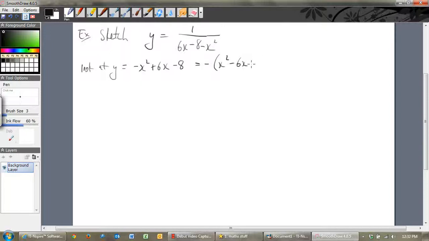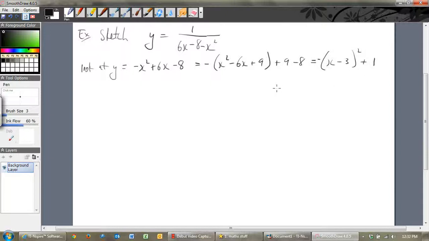I want to complete the square here. I need to add 9. I'm going to close the bracket there. What I've done is minus 9 here, because that's a negative out the front. I've effectively subtracted 9. So I need to add 9 minus 8. Negative x minus 3 squared plus 9 minus 8 plus 1.